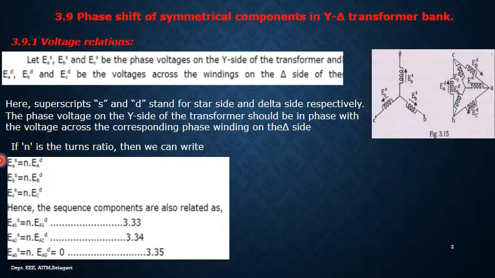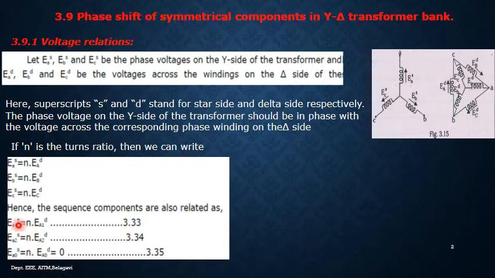Now similarly, let us represent these equations in terms of the sequence components. As we know, we have three main sequence components: the zero sequence component, the positive sequence component and the negative sequence component. To represent the positive sequence component we use subscript 1, for the negative sequence component we use subscript 2, and for the zero sequence component we use subscript 0.